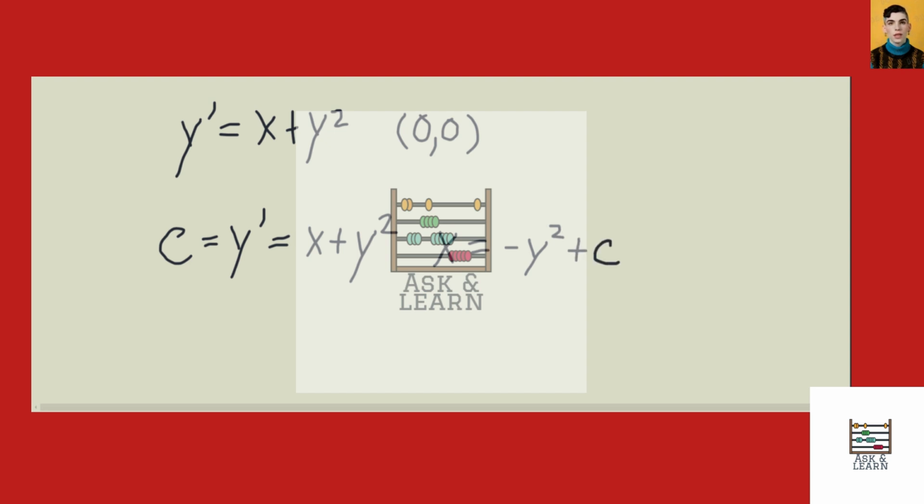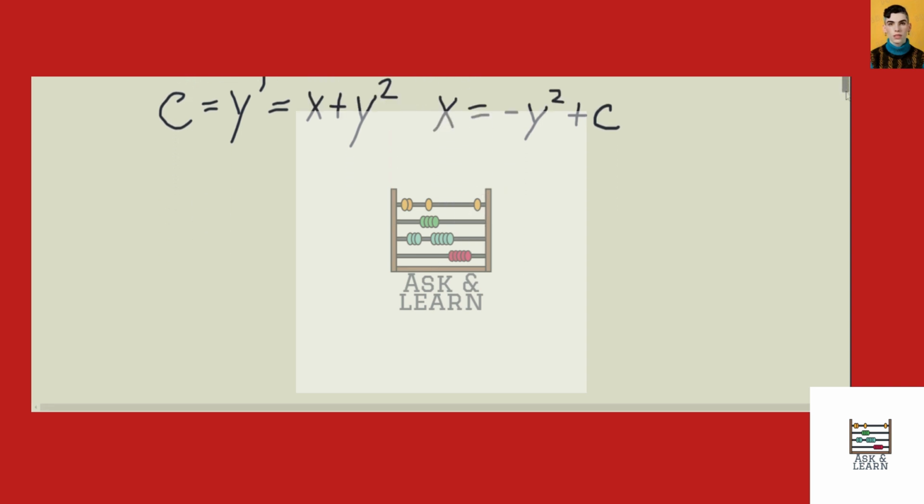And you can think of these as horizontal parabolas that lie on the x-axis facing towards negative infinity, and which have an x-intercept of (c, 0). All points on this parabola will have slope c.